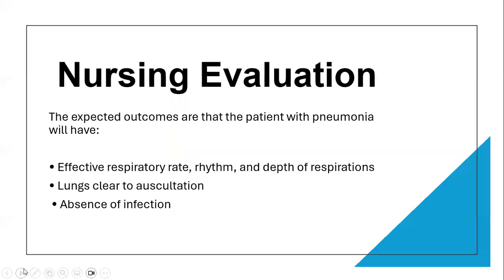The last part of nursing management is nursing evaluation, and here are the expected outcomes and the things that you need to evaluate after you give the nursing management or nursing implementation to your patients. You need to evaluate whether the patient already has effective respiratory rate, rhythm, and depth of respirations.